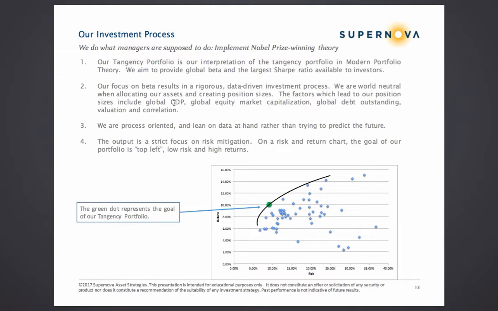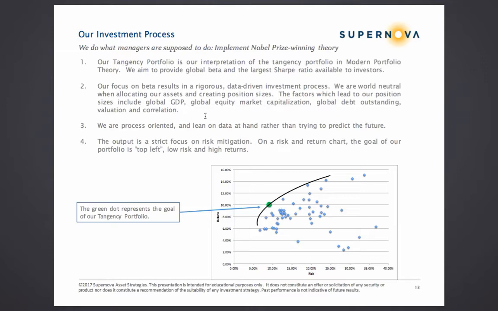Our focus on beta results in a rigorous data-driven investment process. We are world neutral when allocating our assets and creating position sizes. The factors that lead to our position sizes include global GDP, global equity market capitalization, global debt outstanding, valuation, and correlation. We are process-oriented and lean on data at hand rather than trying to predict the future.